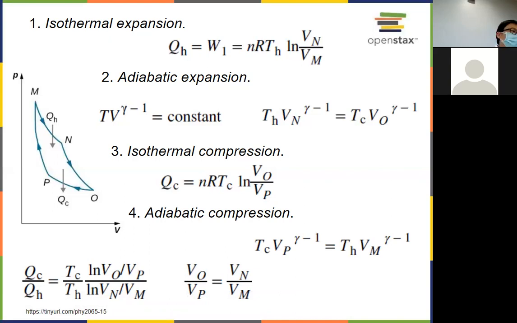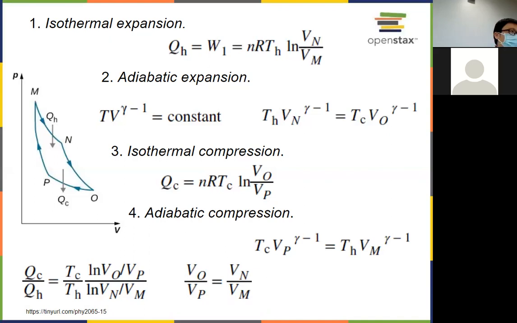So basically the log in the numerator is equal to the log in the denominator, so the log function will go away. It tells you QC over QH is equal to TC over TH, the absolute values. So the heat dumped to the environment divided by the heat it takes in is equal to the temperature of the cold reservoir, which is the environment, divided by the temperature of the hot reservoir.